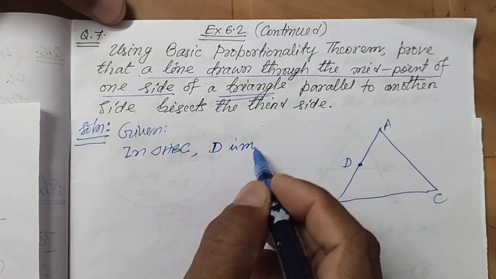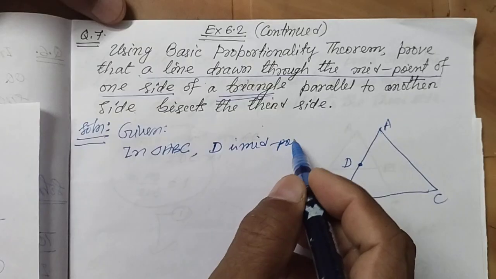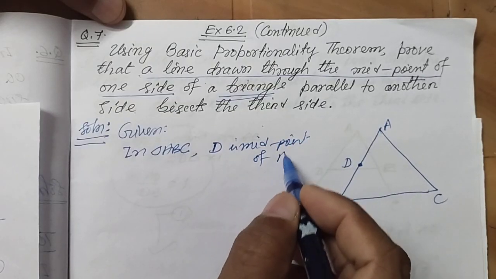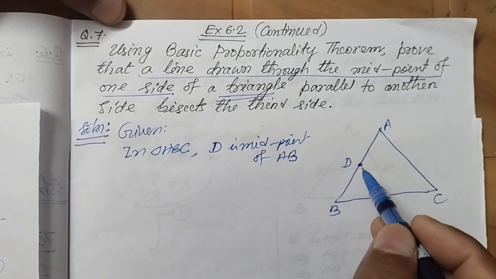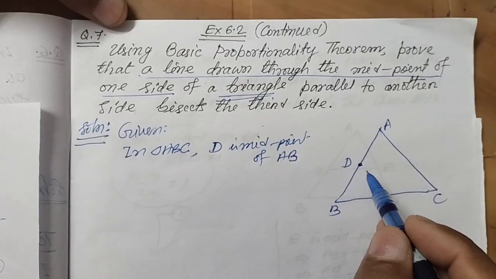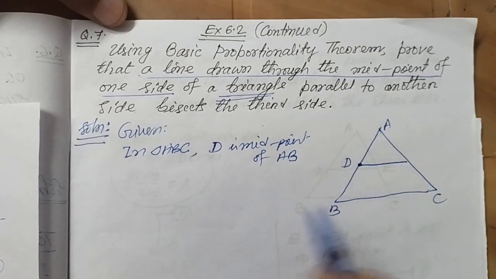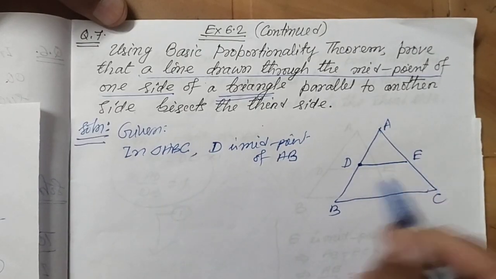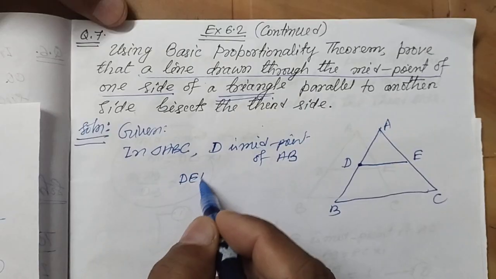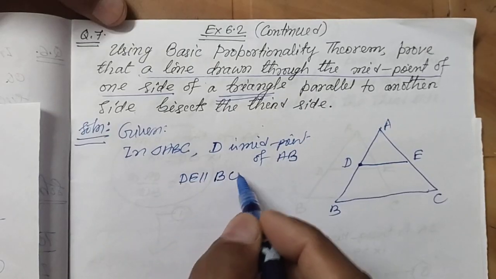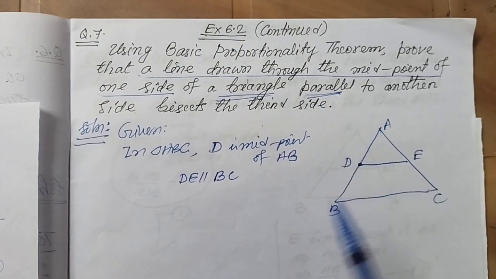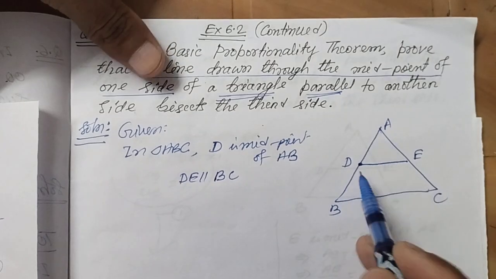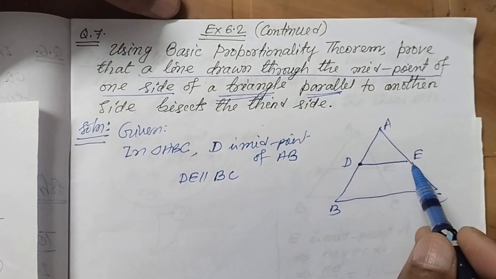In triangle ABC, D is midpoint of AB. And if we draw a line parallel to BC, DE parallel to BC, it is also given, drawn parallel, and D is midpoint of AB. And to prove that E is also midpoint of AC.